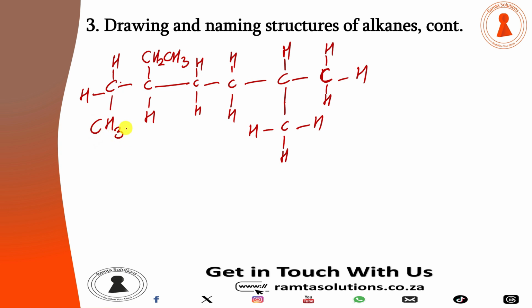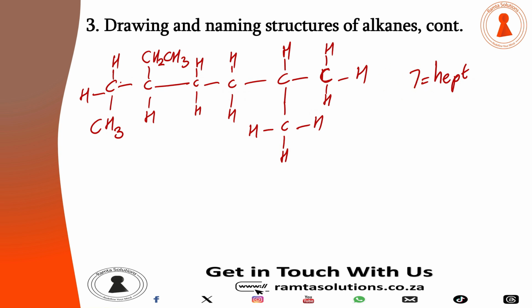Let me add a CH3 here, just to make it interesting. 1, 2, 3, 4, 5, 6, 7. Okay, we are going to deal with 7, which is hept, right?